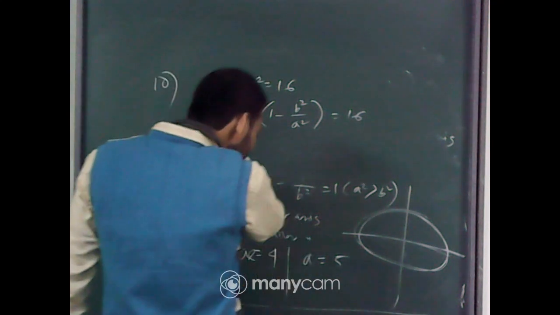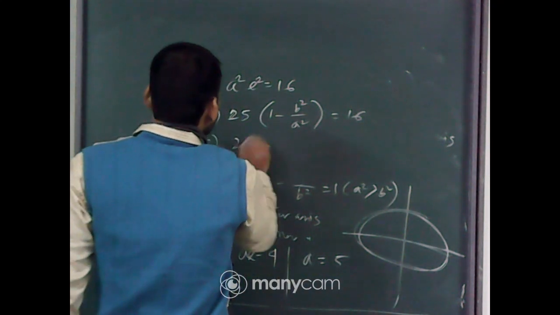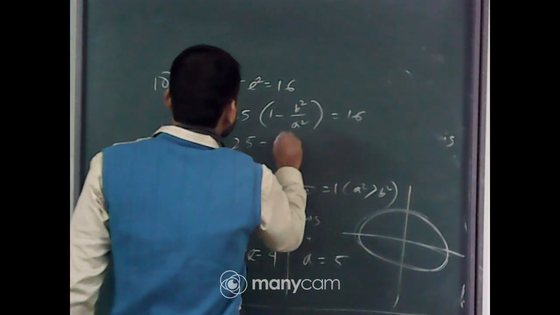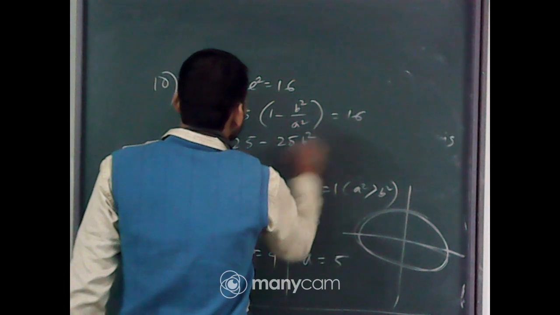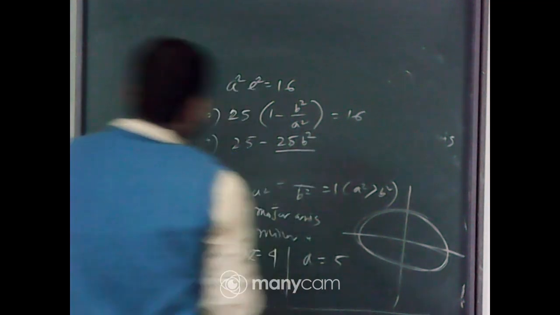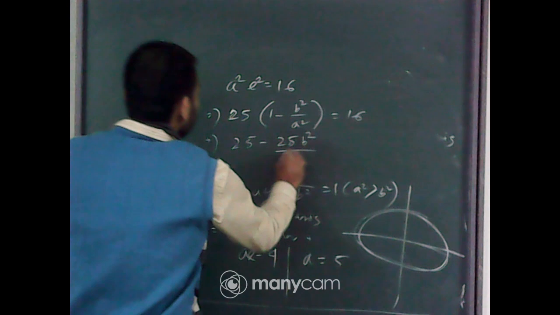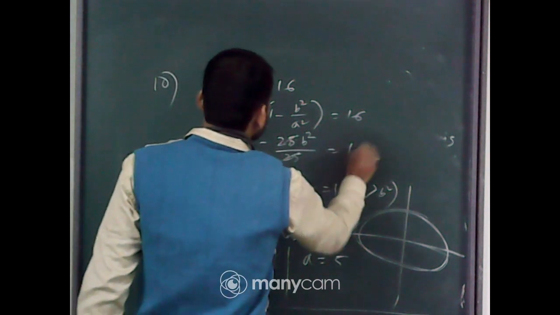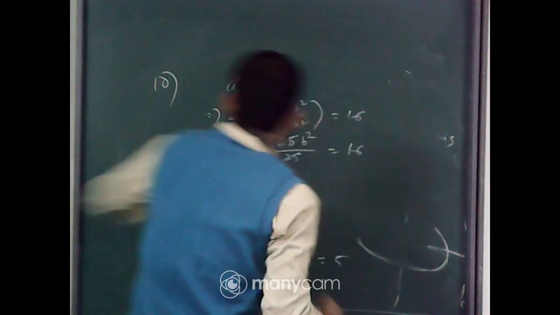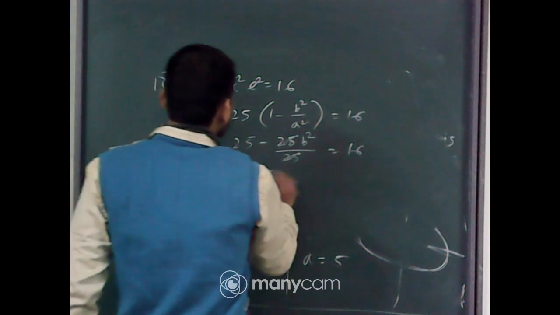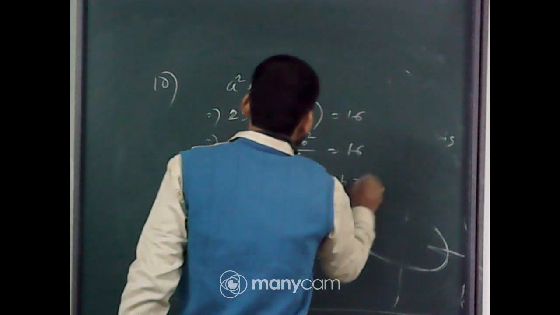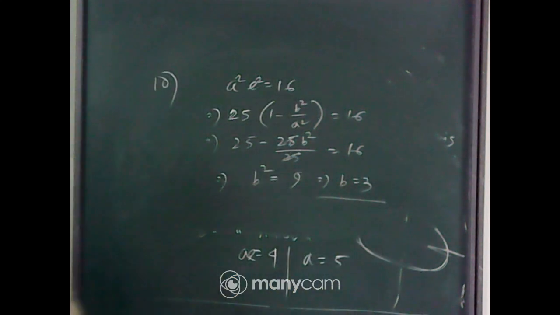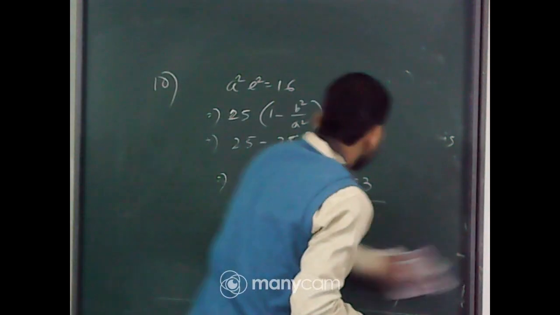Now put the value of a again, so 25 minus 25 into b square by a square means again that is 25, it is cancelled out. So that means b square equals to 25 minus 16, that is 9, and b equals to 3. So here b equals to 3, that means the required equation of ellipse.